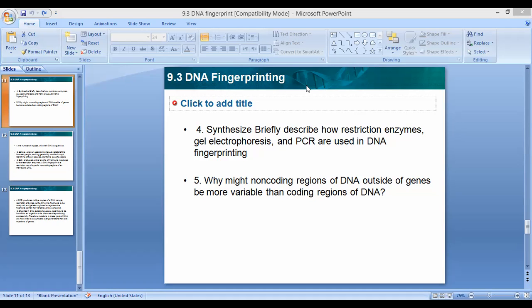Now the PCR, who can tell me how we can use the PCR in DNA fingerprinting? Mohammed.